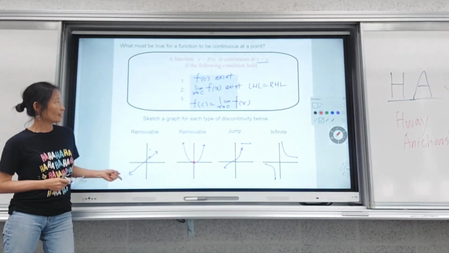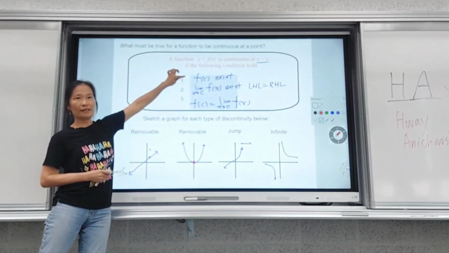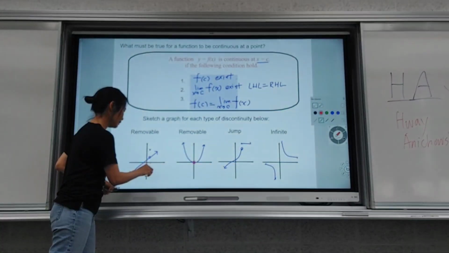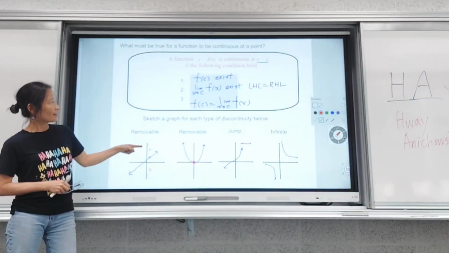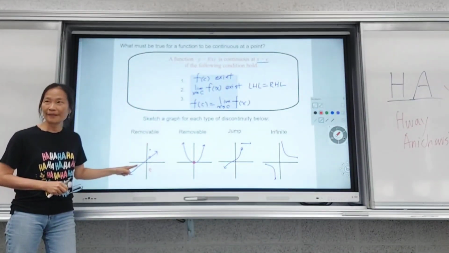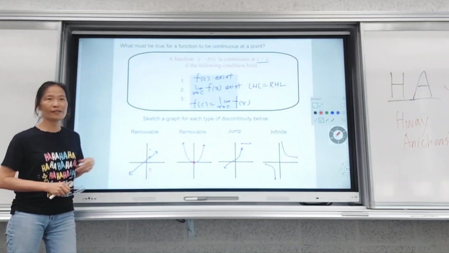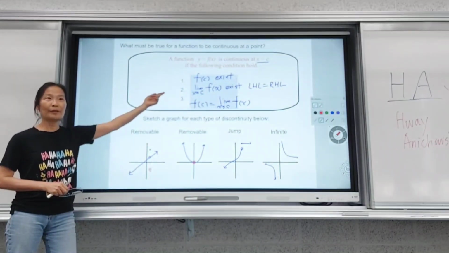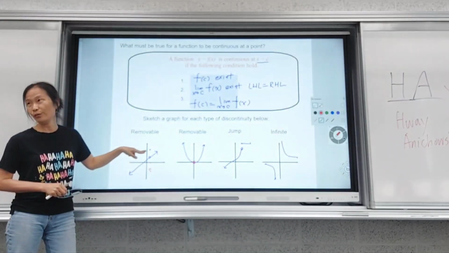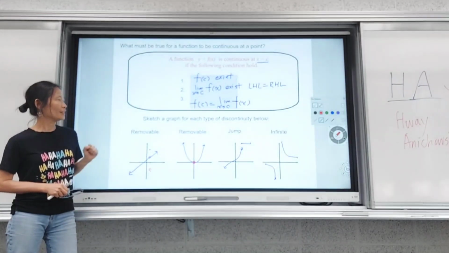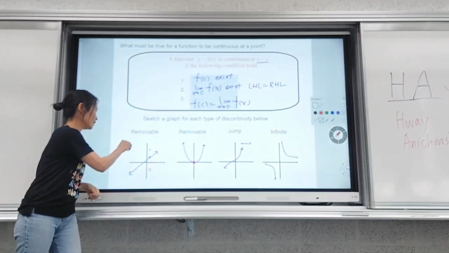Let's see. f of c exists. Does the limit exist? Yes, they approach the same value. The problem is number 3. The limit is not equal to the value of the point.